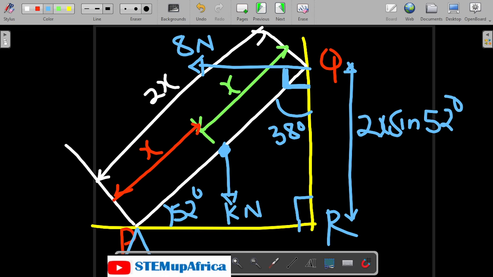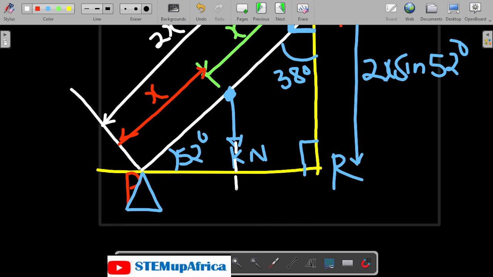Then I want you to get the distance of the weight to point P. So let's get the distance of the weight now to point P, meaning from here to here.